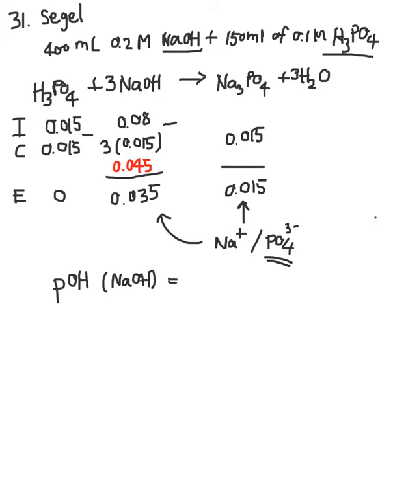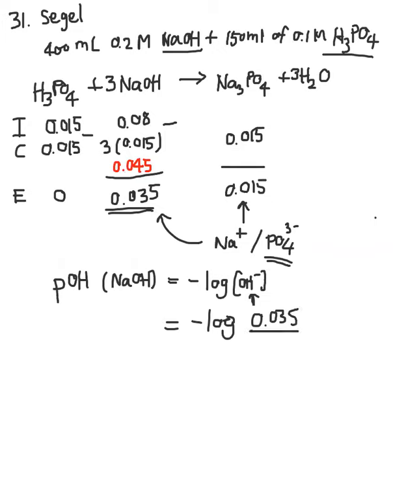So for pOH, you can use minus log of OH directly. The problem is we need the concentration of hydroxide ion here, but this value is actually moles, right? So you need to divide moles by the volume of the solution. The mole is 0.035, and the volume of the solution, how can you calculate it?